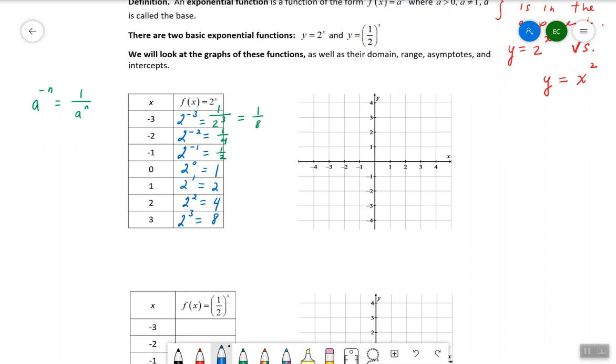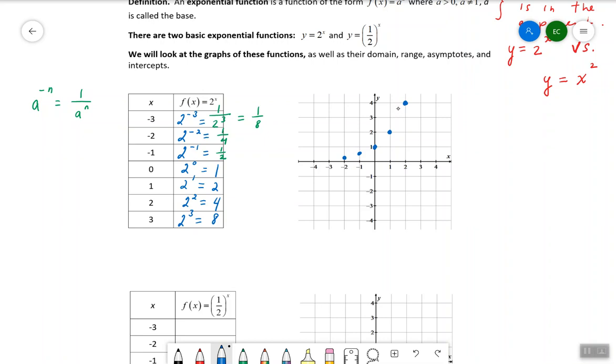And so then we can go ahead and plot these points. Maybe I'll start in the middle at 0, 1, and I'll go to the right 1, 2, and 2, 4. 3, 8 doesn't fit on the graph. That's okay. Negative 1, 1/2, and negative 2, 1/4. And then we could try to graph negative 3, 1/8, but we're getting so close to the x-axis that could get a little misleading as well.